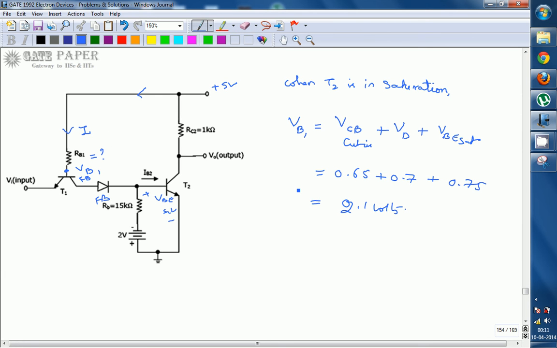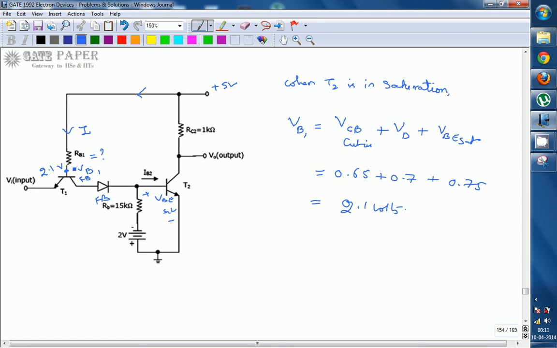The meaning of calculating the maximum permissible value of resistance RB1 is that if we know the current flowing through R at that time, the voltage drop should be lesser than 5 minus 2.1. So let us assume VB1, what we have calculated, is 2.1 volts.